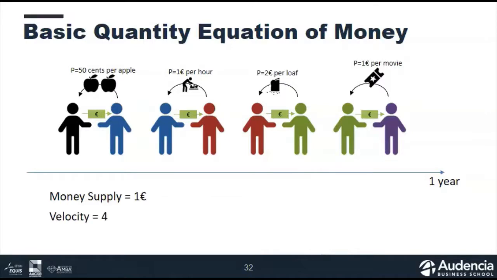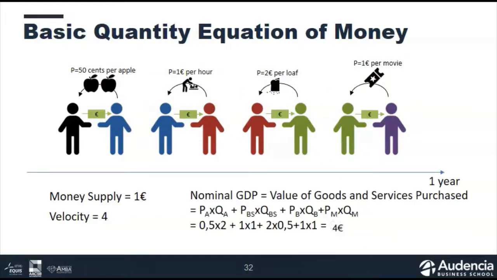So the velocity of money is 4. And it would change hands so we could spend money, or expenditures. And expenditures or consumption in this case is GDP. So the nominal GDP is the value of goods and services purchased, and we can see what the value of goods and services purchased is in this very simple example.